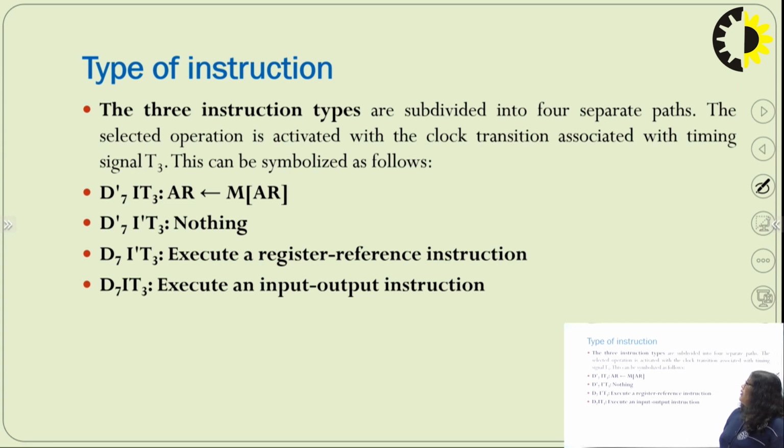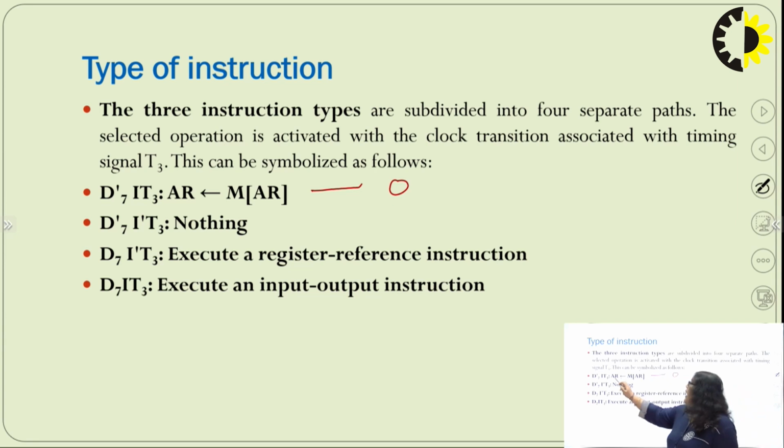So this is the symbolized form of the instruction. This is D7 complement, that means D7 is low, that is 0, right? And I, and T3.